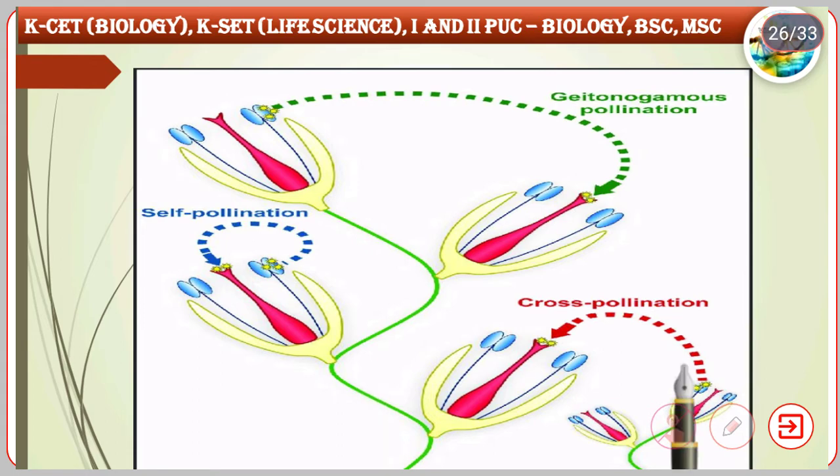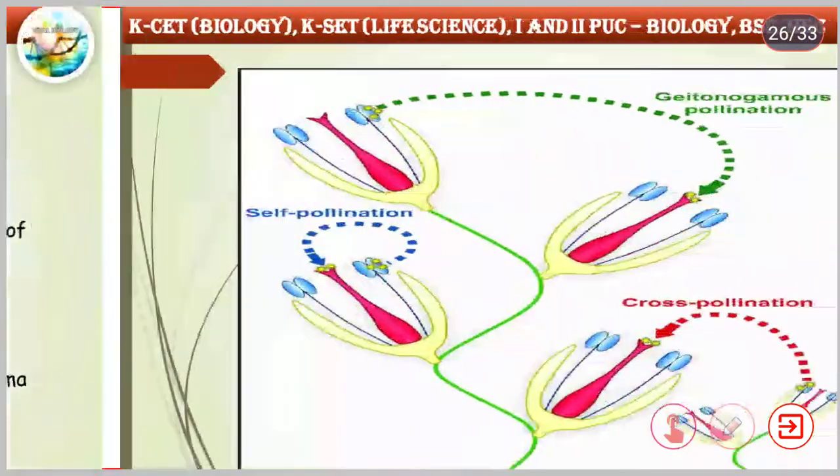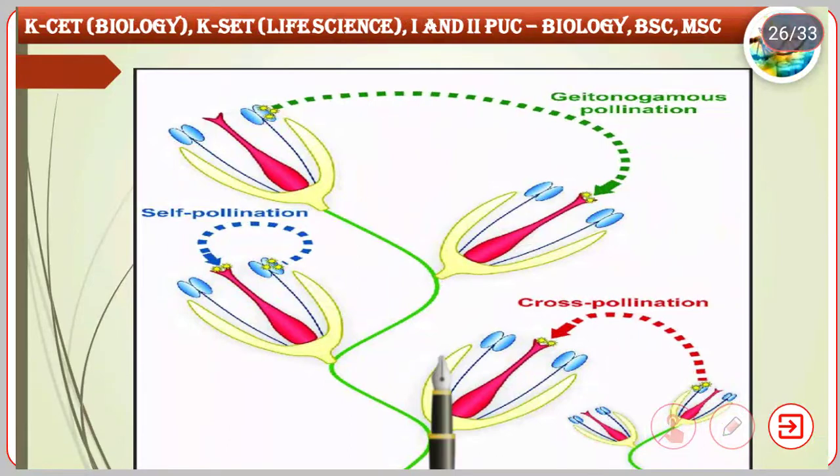So here there are two plants. In this plant let us take one of the flowers, and in another plant one of the flowers, for xenogamy. Here the pollen grains are transferring from one plant to the other plant's flower.